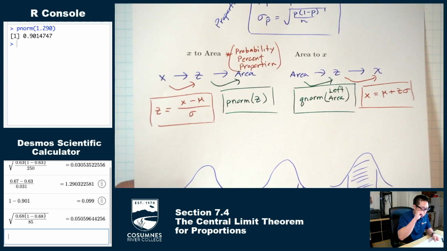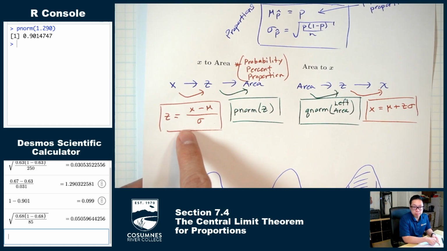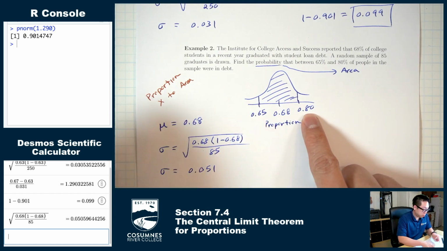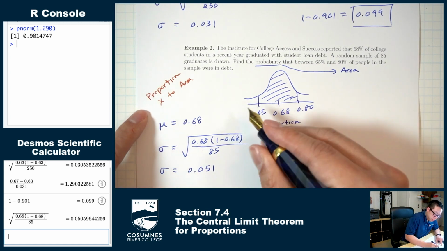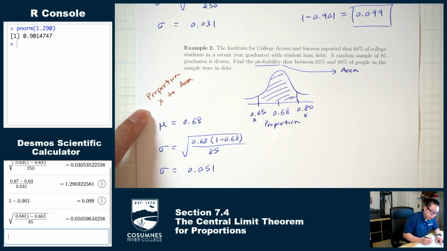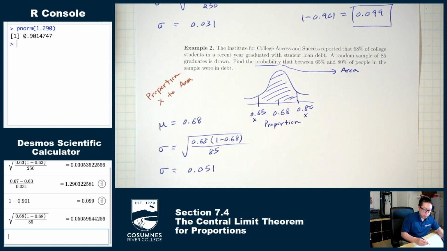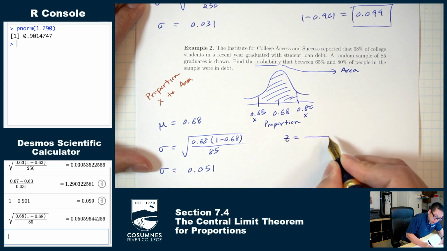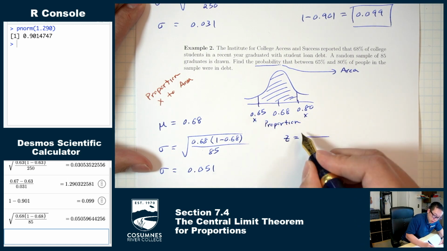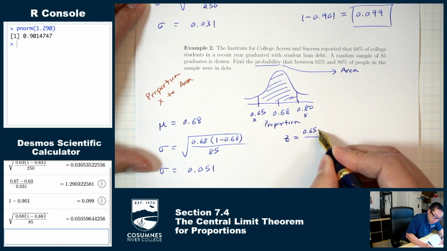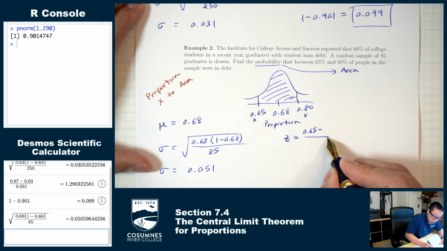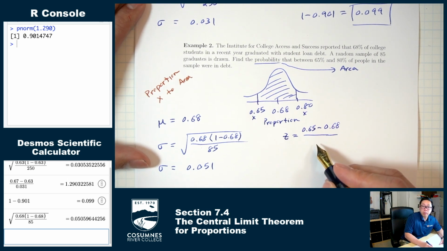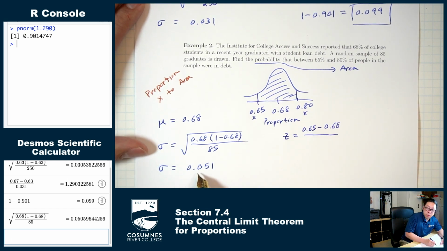First thing for an x to area question is going to be the z-score. I have 2 x's here, right? These are my x's, which means I need 2 z-scores. So my first z-score, I'll do it for the 0.65: 0.65 minus the mean, which is 0.68, over the standard deviation, 0.051.